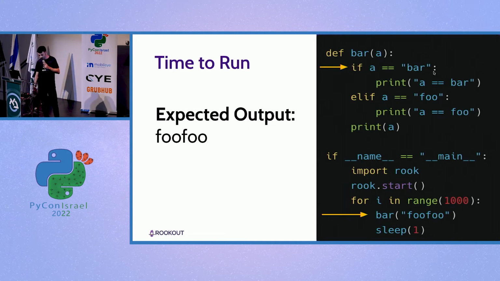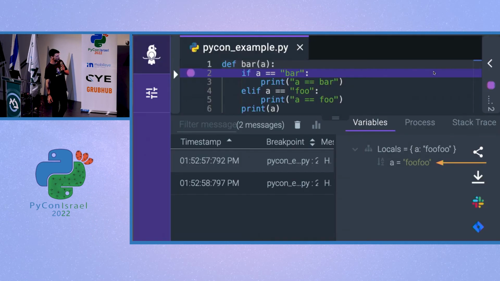So I went to our platform. I added a new breakpoint on the if condition, and this is what it looks like. Without going into much detail, we can see up there that on line number 2 we have a breakpoint, and on the bottom right we can see that we have collected the debug information. This is the variable that we sent through the function, and well, that seemed to work.